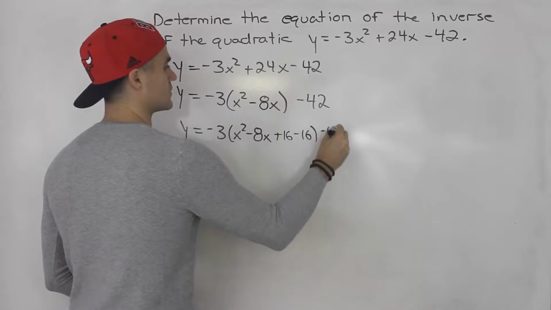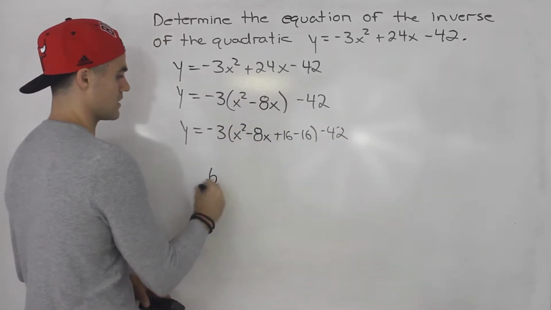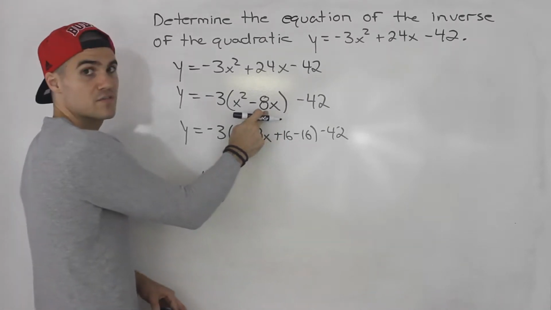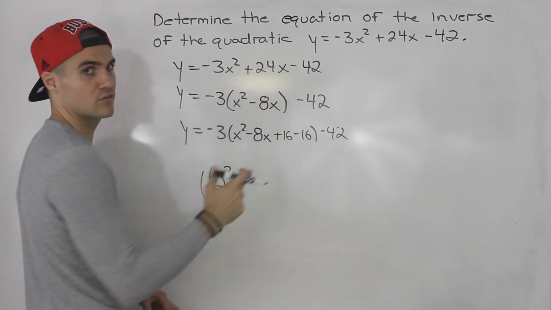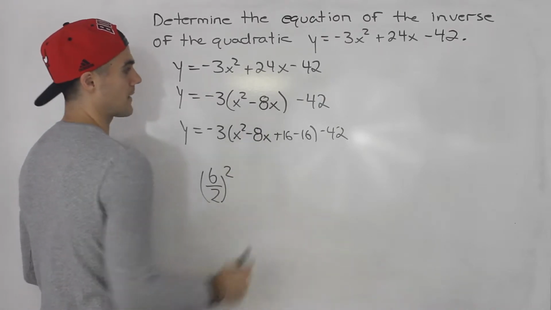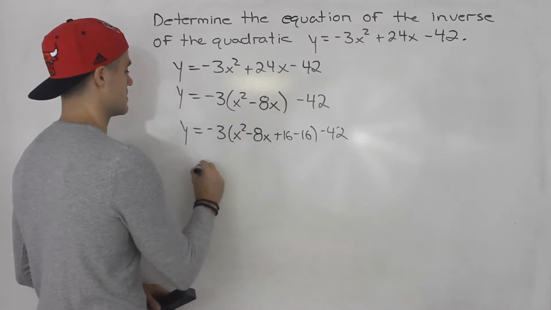This is minus 42. Remember, if you're factoring something out, when you do the b over 2 squared to get the 16, it's always with this b value in the brackets, not the original b value. So we wouldn't take half of 24, which is 12, and square it, which is 144. It's always what's remaining in the brackets. So plus 16 minus 16.